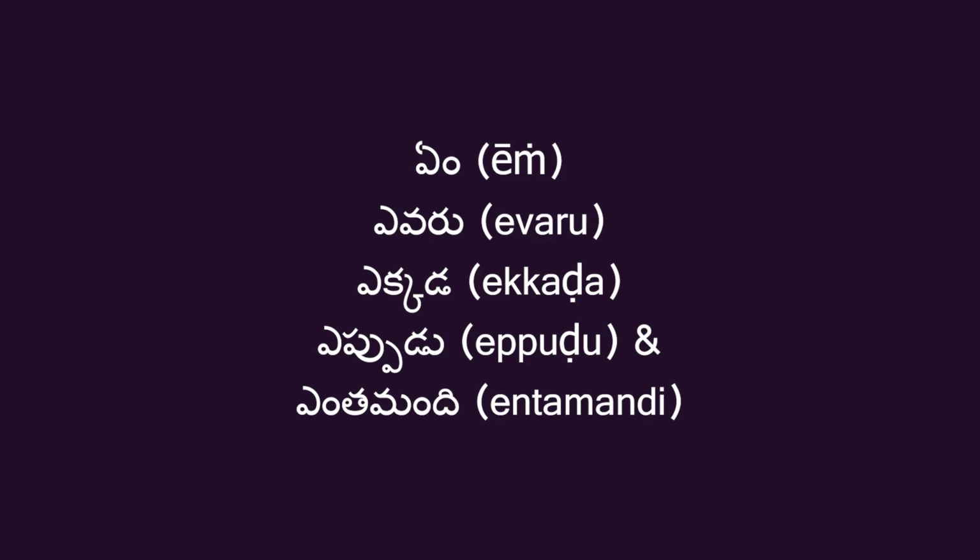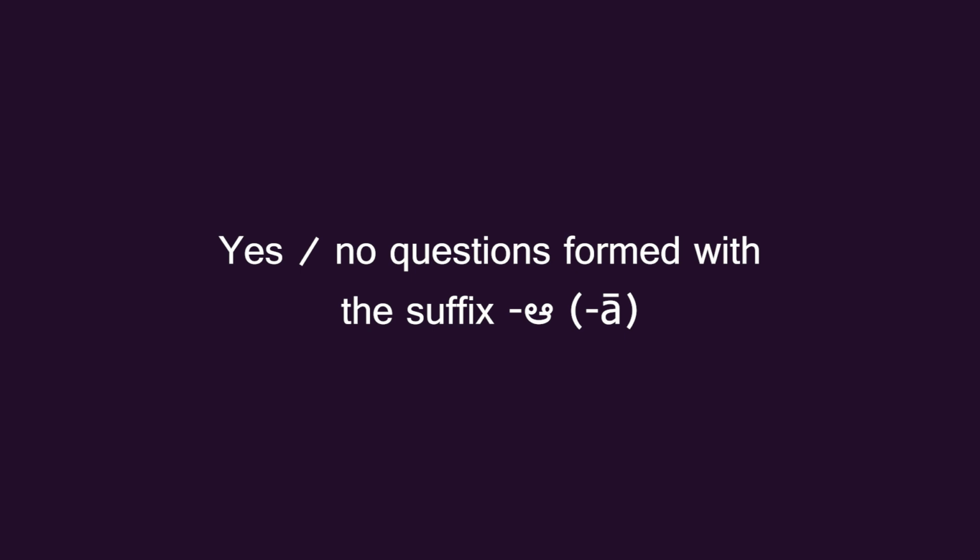The lesson also highlights the Telugu interrogative system, including questions such as ఏం, ఎవరు, ఎక్కడ, ఎప్పుడు and ఎంతమంది, as well as yes-no questions formed with the suffix a. These question patterns help learners understand how information is sought and how responses are structured in conversation.